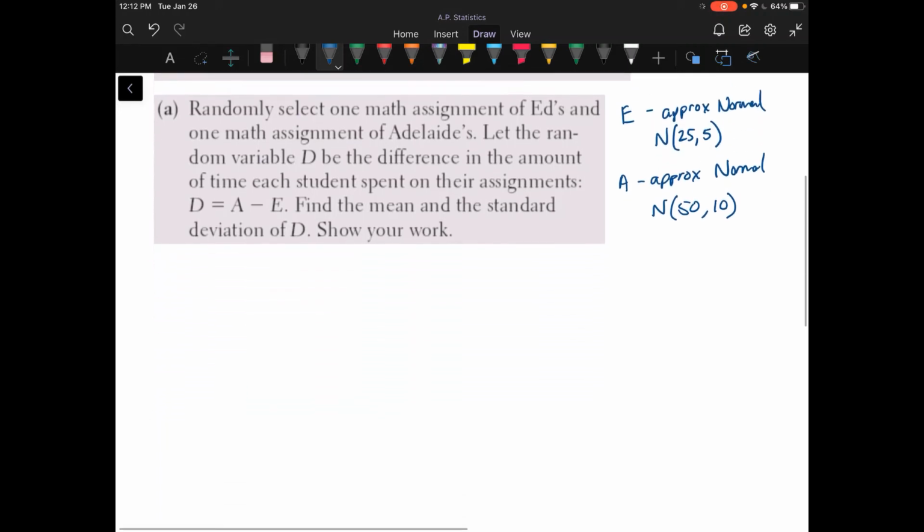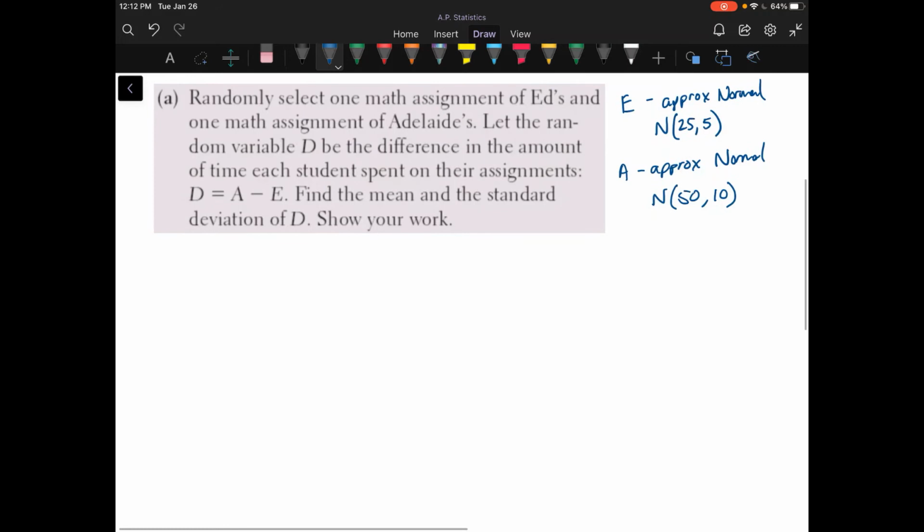So now, here's our question. Randomly select one math assignment of Ed's and one math assignment of Adelaide's. Let the random variable D be the difference in the amount of time each student spent on their assignments. So we have D equals A minus E. And remember, when subtracting random variables, the order matters.